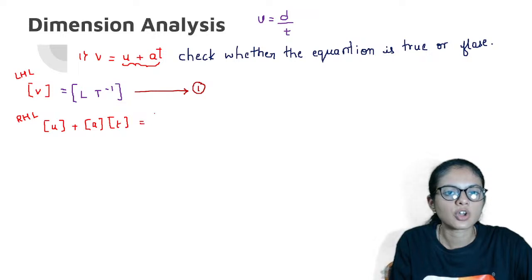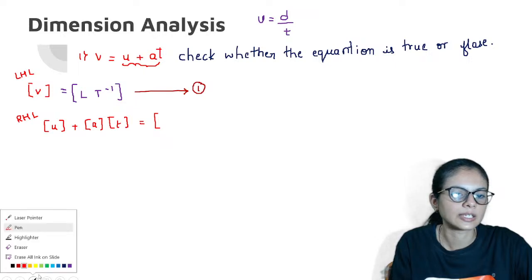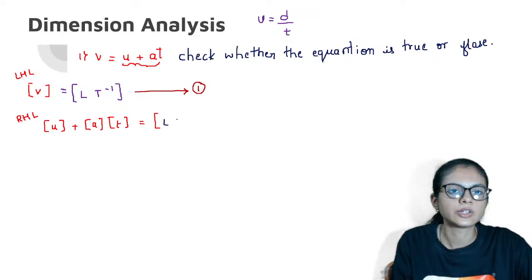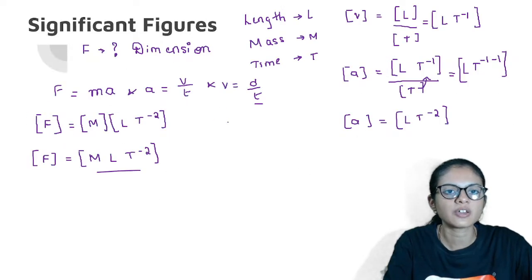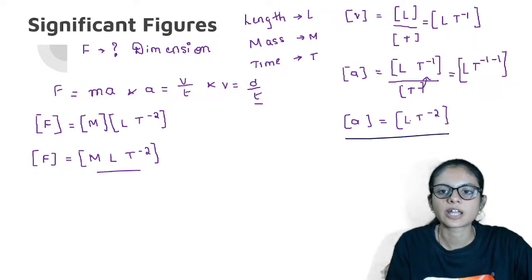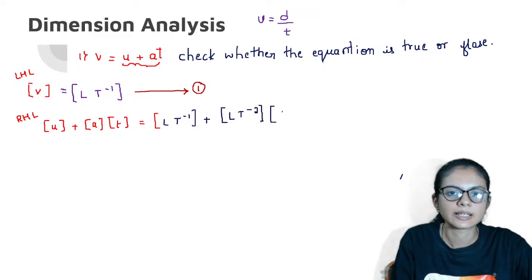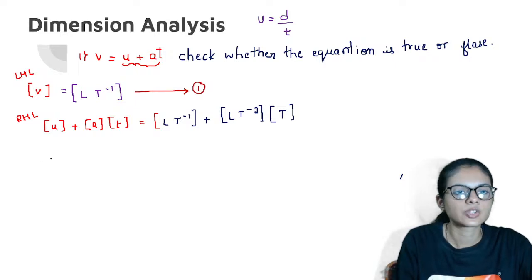So what is the dimension of U? It is also velocity. So the dimension of U will be L T^-1. Agree with this? Yeah, the dimension of U is L T^-1 plus the dimension of A. What was the dimension of A? We have just found it out, right? The dimension of A is L T^-2. So let me write it here: L T^-2 into the dimension of time, which is just T. Let's solve one by one.